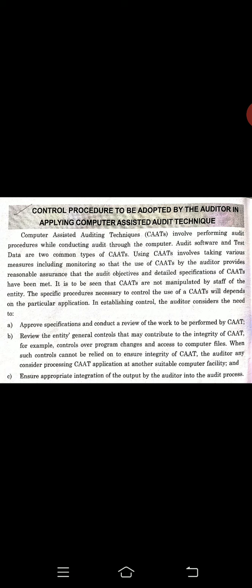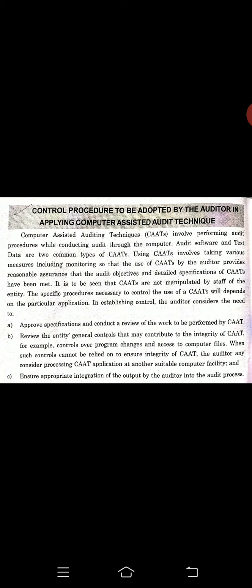Audit software and test data are two common types of CAATs. Using CAATs involves taking various measures, including monitoring, so that the use of CAATs by the auditor provides reasonable assurance that the audit objectives and detailed specification of CAATs have been met. I have already explained the two techniques, test data and audit software.